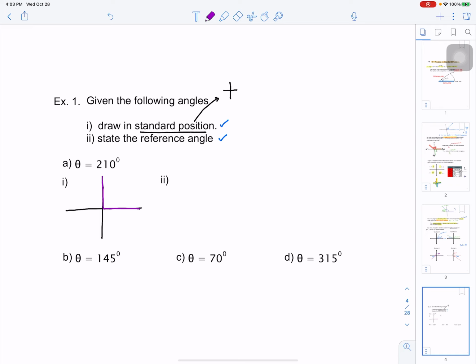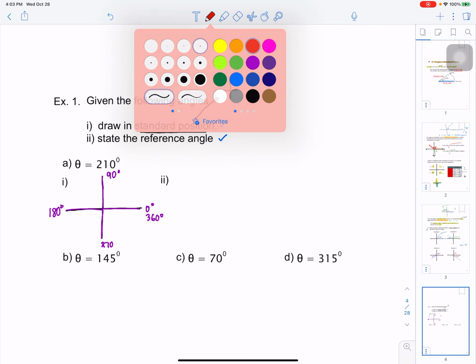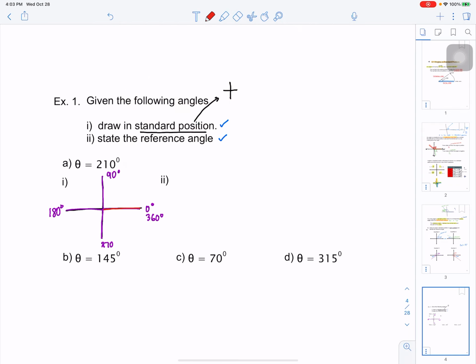This is 90. This is 180. This is 270. And then when you get back to the 0 line, you've made a full 360. So I'm going to draw my angle starting at the positive x-axis, and 210 would be somewhere here.